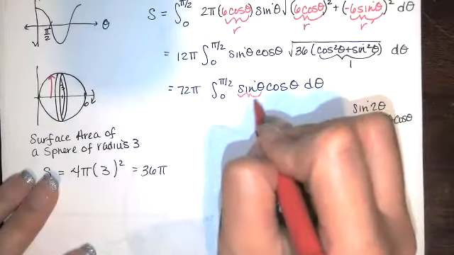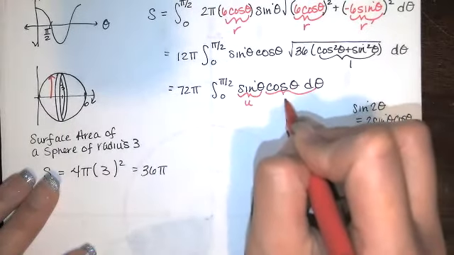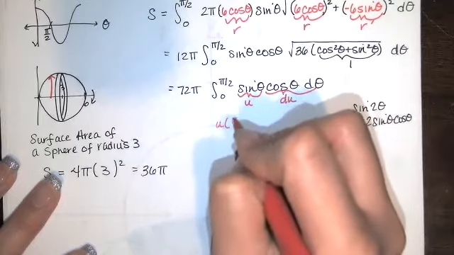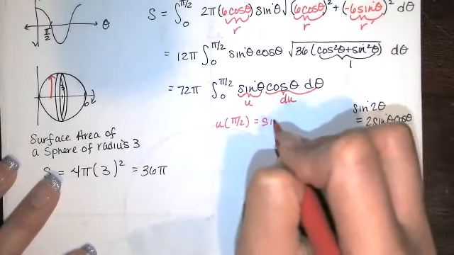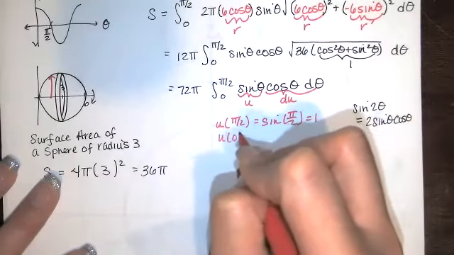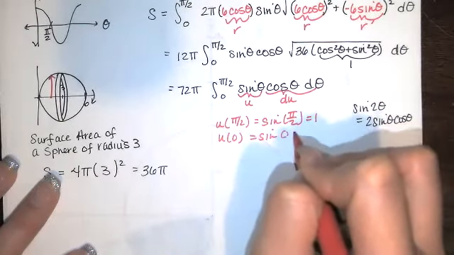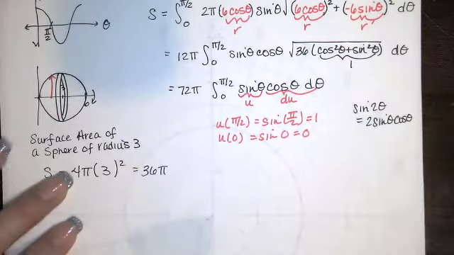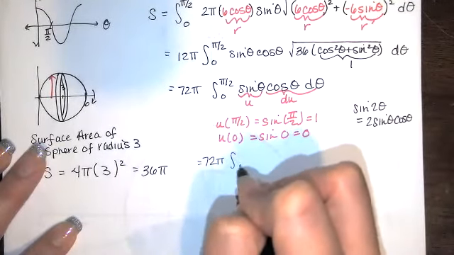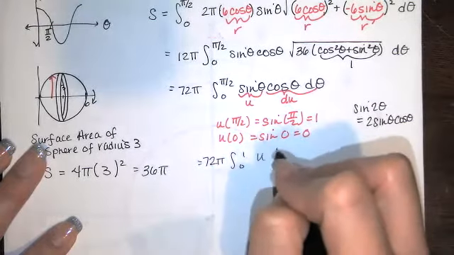Okay, so let's let u be sine of theta. Then du is cosine of theta d theta. And at pi over 2, we get sine of pi over 2, which is 1. At 0, we get sine of 0, which is 0. So this is 72 pi times the integral from 0 to 1 of u du.